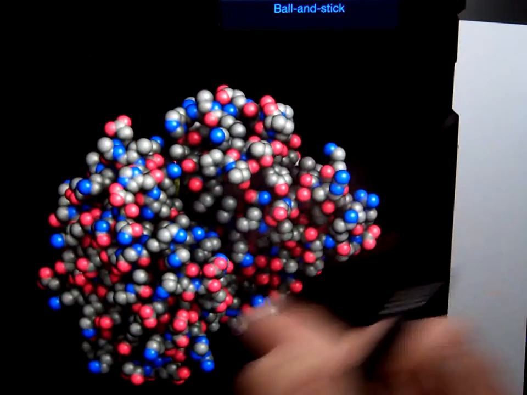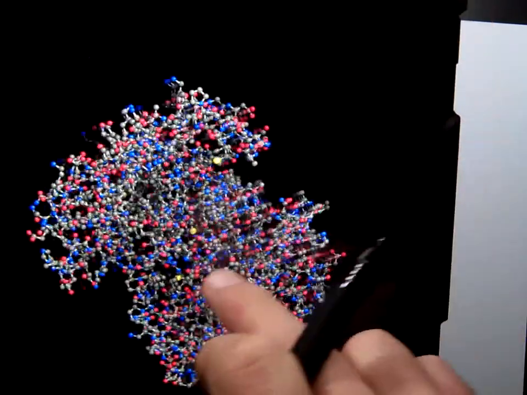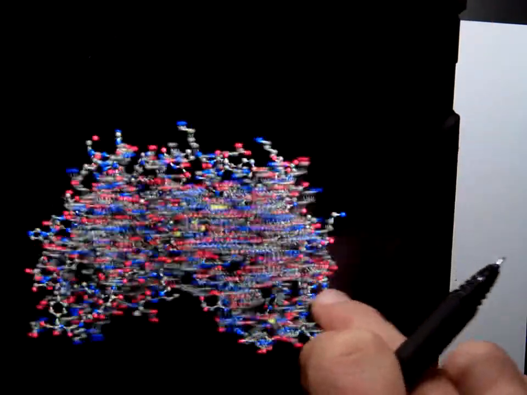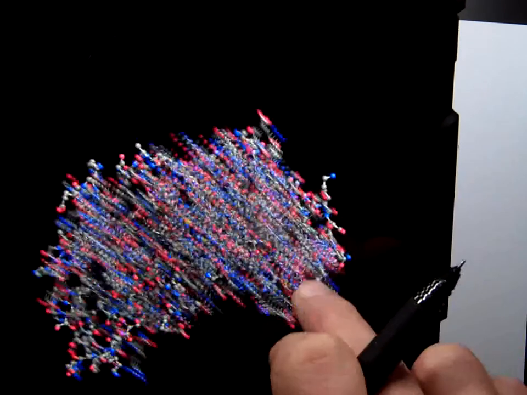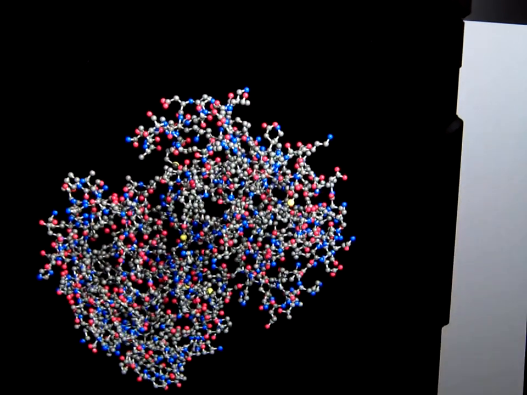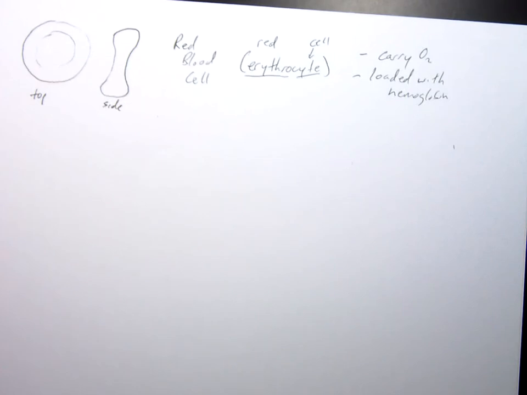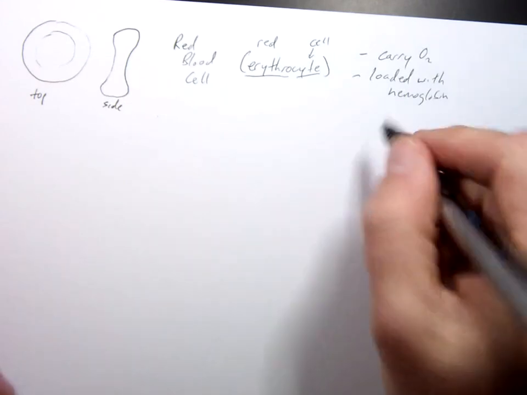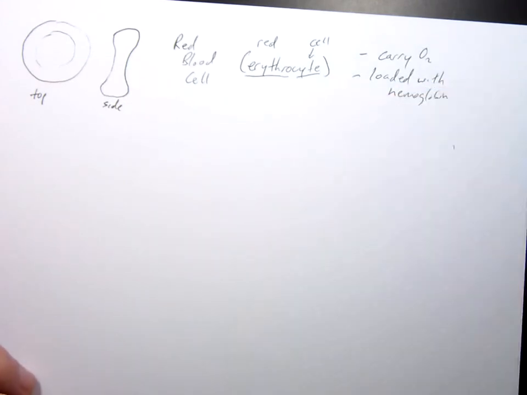Here's the ball and stick model showing you all of the different amino acids therein. And there are these little heme subunits in it that you can't see here. I forget if I did this the other day. Evidently not. Each of these little heme subunits has iron at the center, and that's where the oxygen's held.